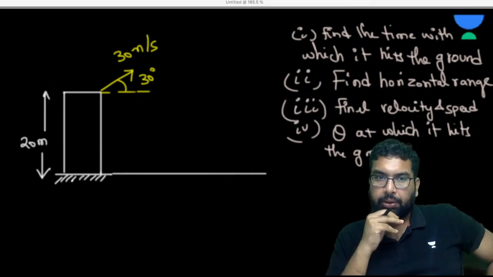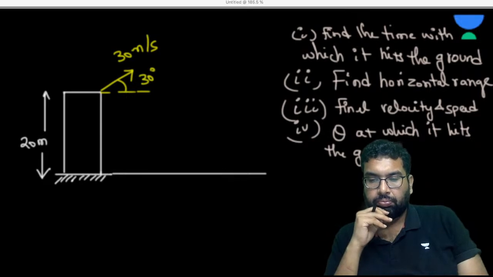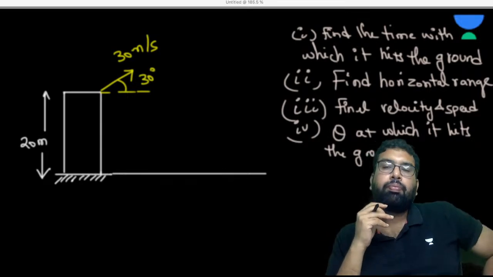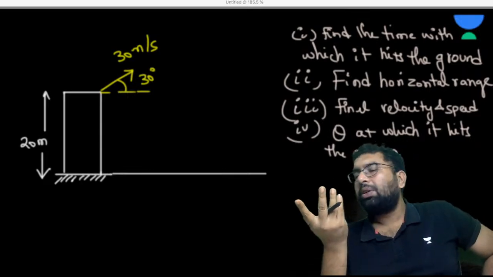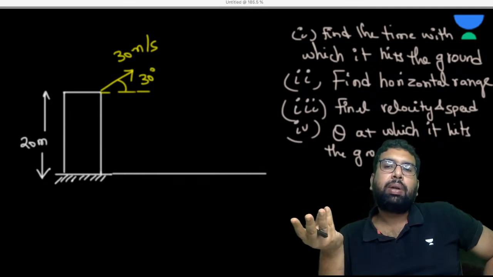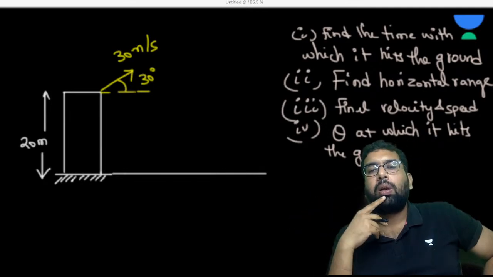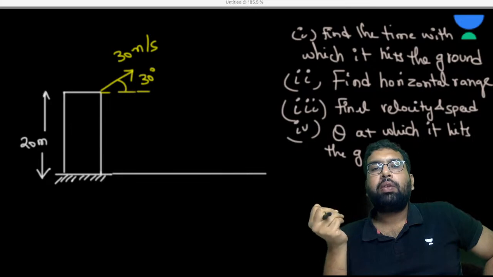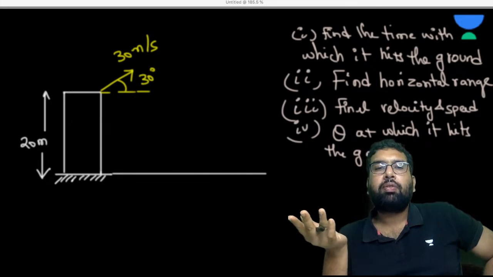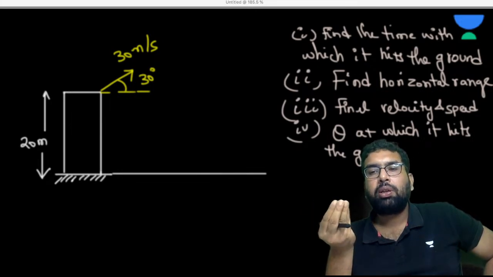See, very simple. There is nothing in this question that you can't do. They can ask you anything if you are using your basic equation. There is no problem at all. Just use your basic equation of motion with the sign convention. Projectile motion is nothing.